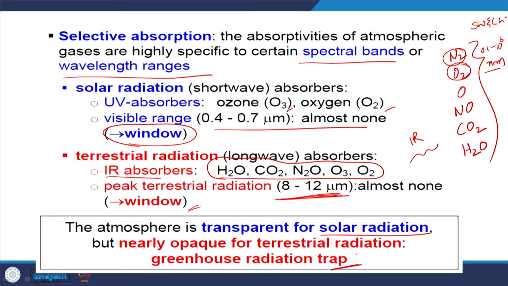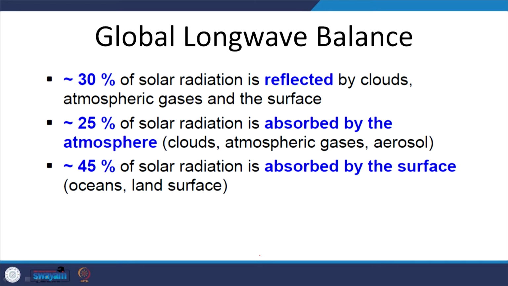So, the atmosphere is transparent for solar radiation, but nearly opaque for terrestrial radiation. Long wave radiation, even if it is trying to go away into space, the atmosphere is a trap, the atmosphere is opaque. So, the atmosphere will not allow it. Now, if you see the global long wave balance, how much energy is emitted, how much is reflected, how much is transmitted, things like that.